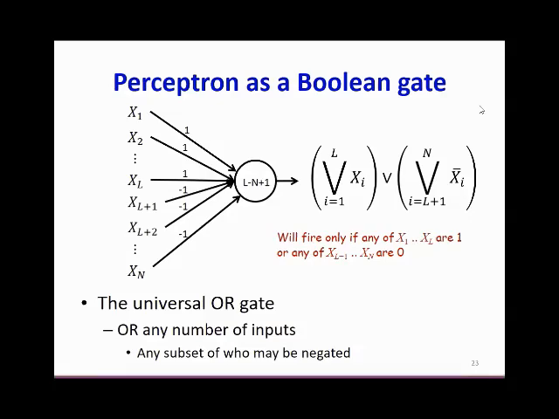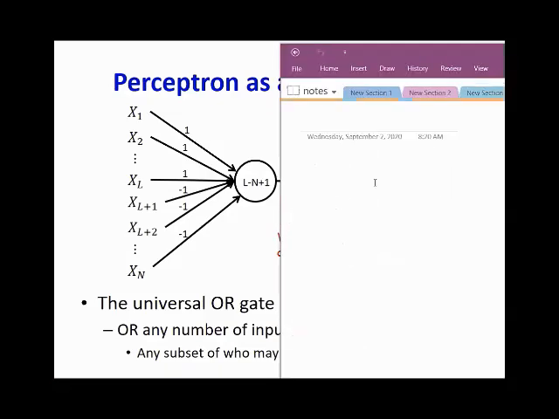So let's look at this guy again. Here, let's look at the one condition under which it will not fire. The one condition under which it will not fire is if all of the first L inputs are 0 and all of the remaining n minus L inputs are 1. So what is the total input coming in over here? These guys don't matter because they're 0. These guys, I have n minus L of these, and each of them has a weight of -1.